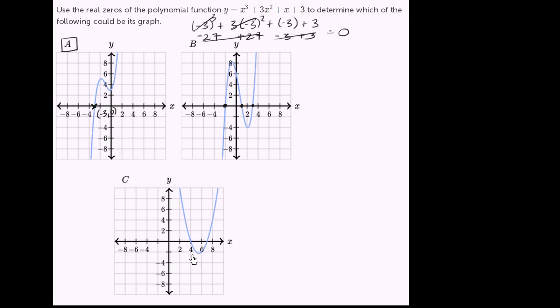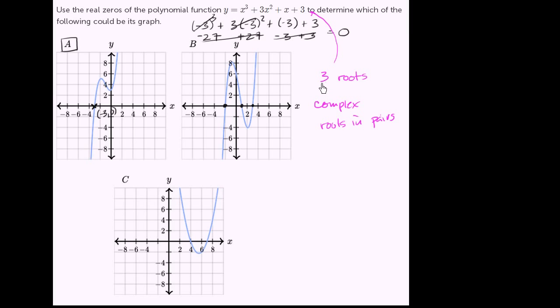Another giveaway that this is not going to be the function is that you're going to have a total of 3 roots. Let me write this down. So you're going to have a total of 3 roots. Now, those 3 roots could be real or complex roots. And the big key is complex roots come in pairs.